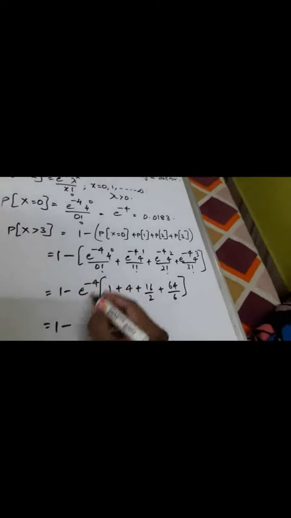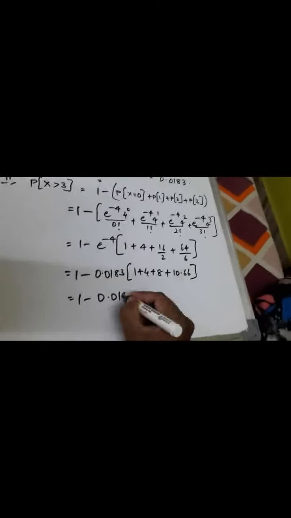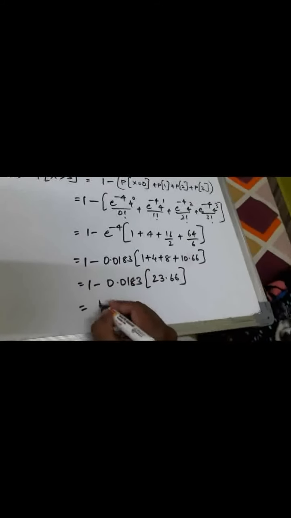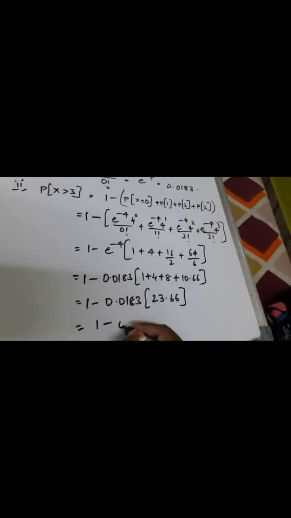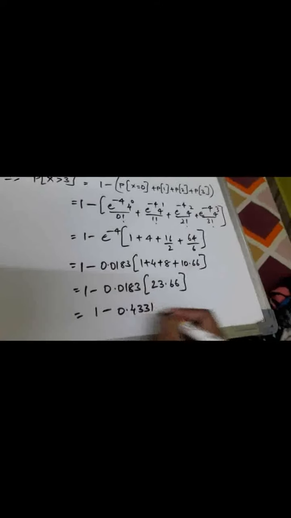1 minus of e power minus 4, value 0.0183, into 1 plus 4 plus 8 plus 64 by 6, which can be taken as 10.66. 1 minus of 0.0183 into this whole total 23.66. 1 minus 0.4331 after multiplying.